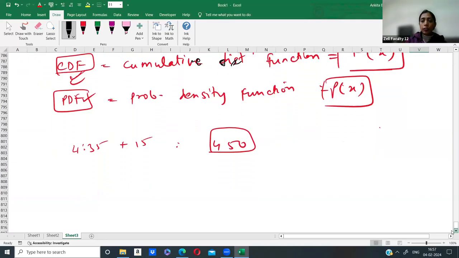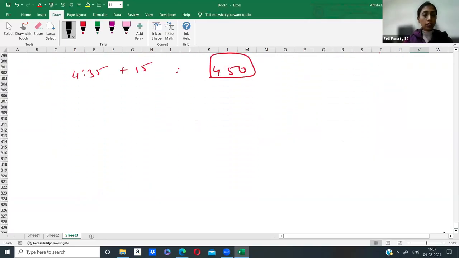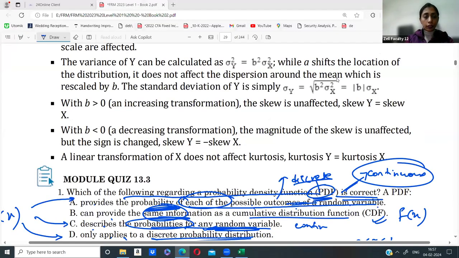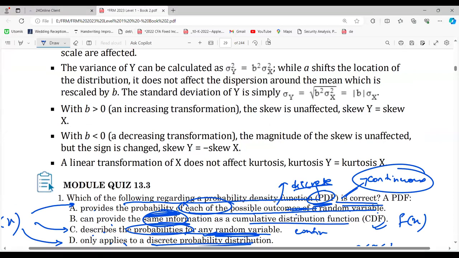Okay, so let's continue now. Yes, ma'am, tell me. If we have any doubts on the Q&As on Book 2, can we WhatsApp you our doubts or email? You can share any doubts you have.